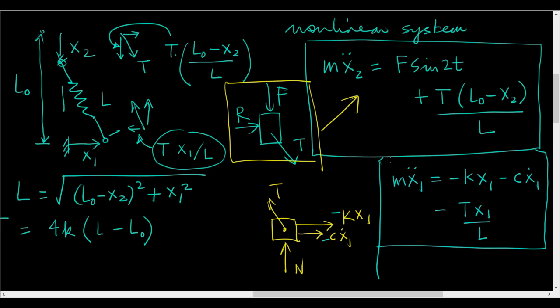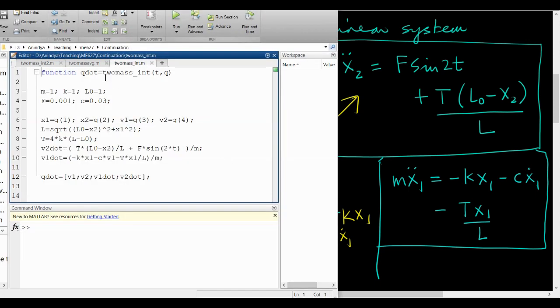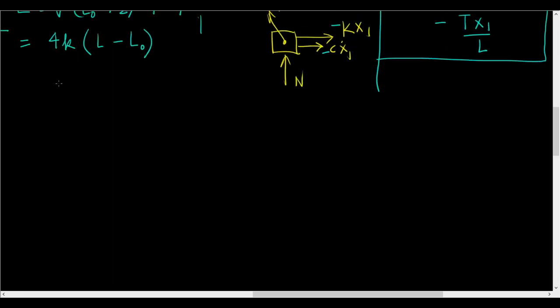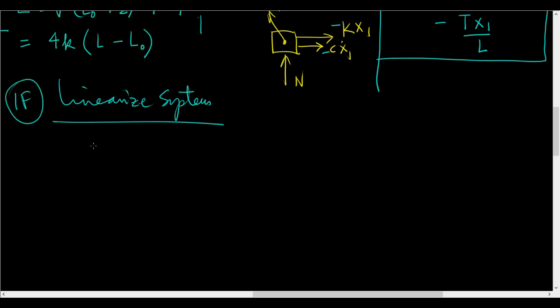Okay, let me now show you in MATLAB this int. This int is there for a reason. Let me quickly show you what that reason is. If you linearize this system, then what happens is, this is 4k, this is m, this is k, forget the damping.